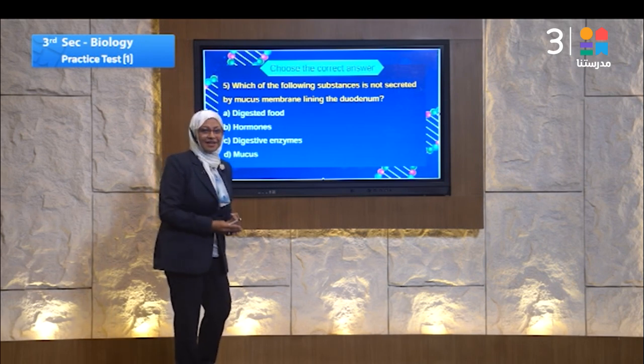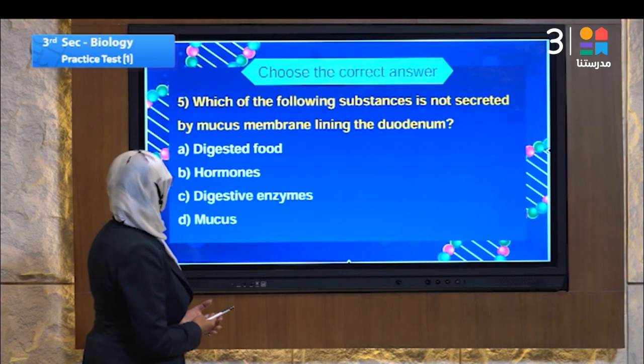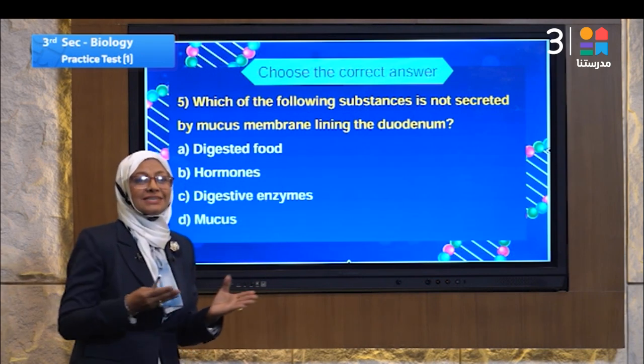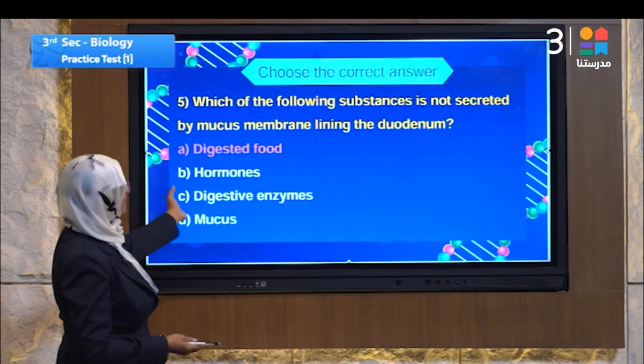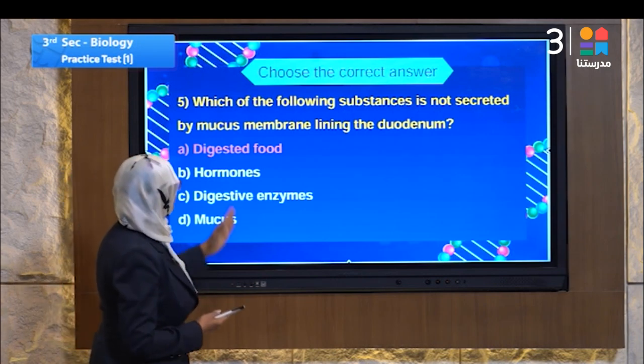Third is an enzyme inside the digestive system. Which one is not a secretion? Not a secretion must be the digested food. It's not a secretion, but it passes inside the digestive canal. So the answer must be digested food. It's not secreted by the digestive canal.